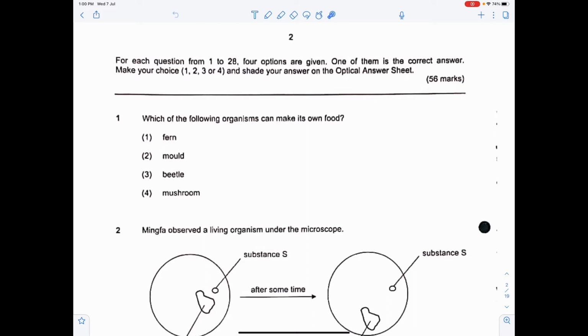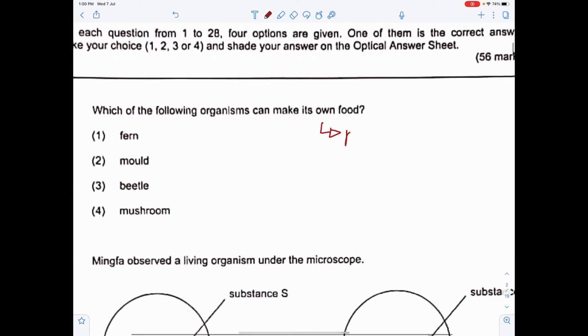So for question number 1, which of the following organisms can make its own food? Making its own food in this case would tell you that the process of photosynthesis is needed. And with photosynthesis, the next thing that you know is that chlorophyll is needed.